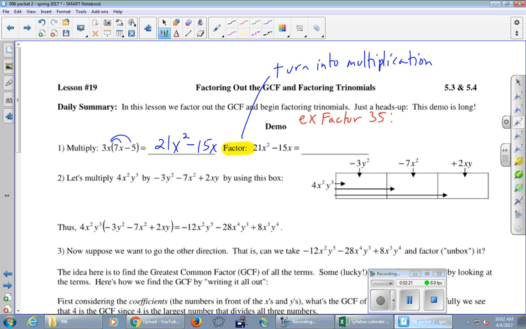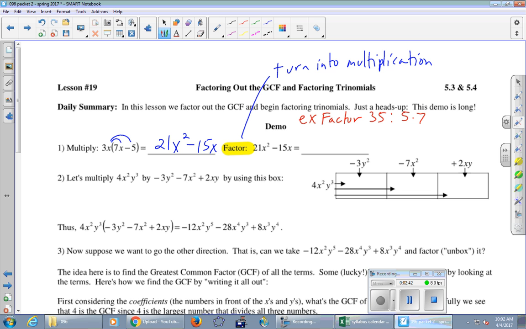You tell me what times what is 35? 7 times 5 or 5 times 7, right? You took the number 35 and you turned it into multiplication. So you've seen the word factor before for numbers. We're going to be factoring things with variables in it, but it still means turn into multiplication.